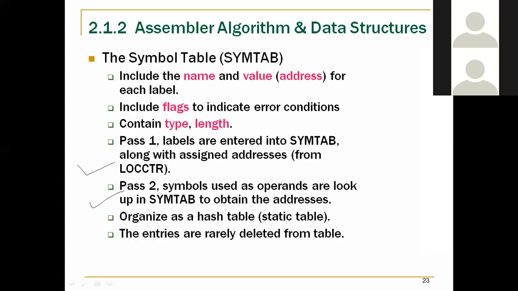And during pass two, the same values are looked up and used to assemble the instruction. Just like the operation table, the symbol table is also implemented using a hash table. The major operations expected from this hash table are insertion and search. Deletion is rarely done.